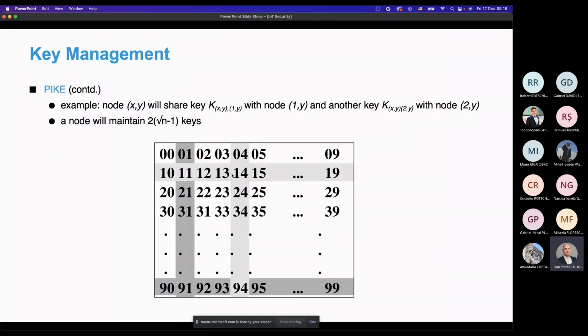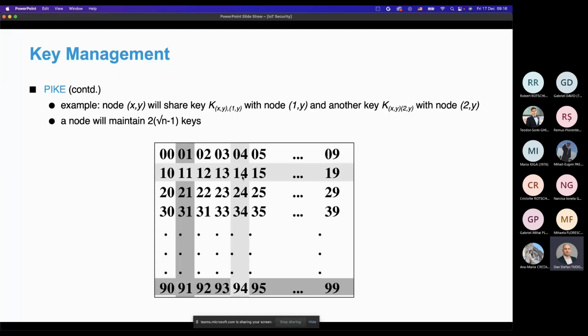For example, node 94 might be a good intermediary between 14 and 91, because node 94 shares a key with both node 91 and node 14. Node 11 might also be a good intermediary, again because it shares a key with node 91 and node 14.